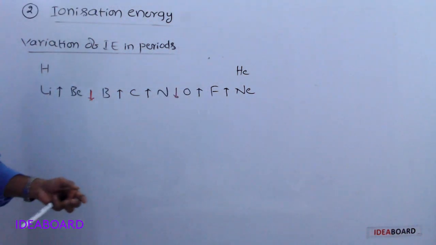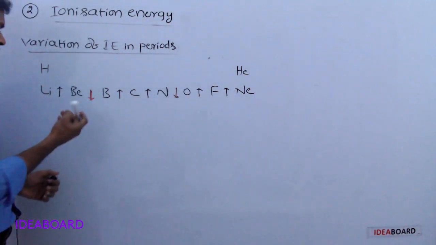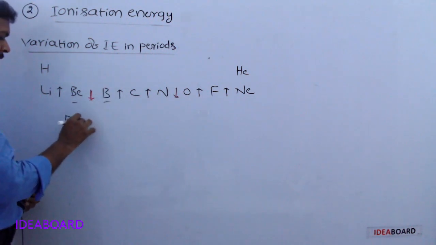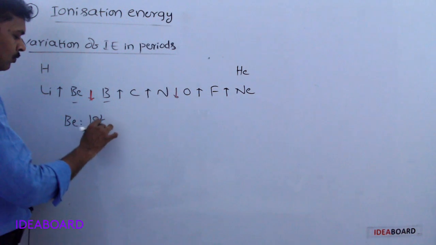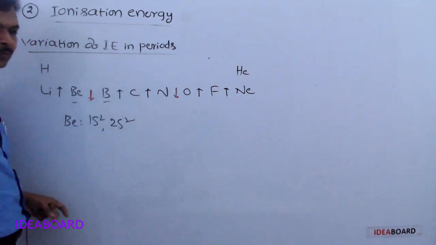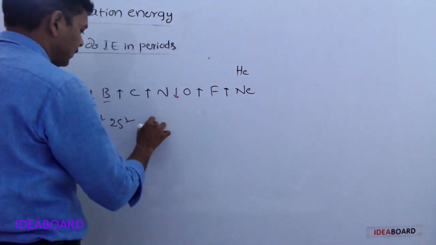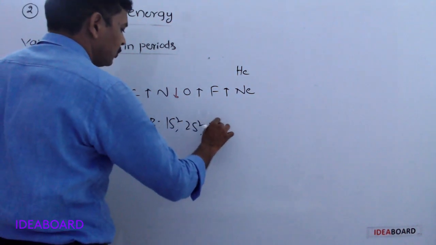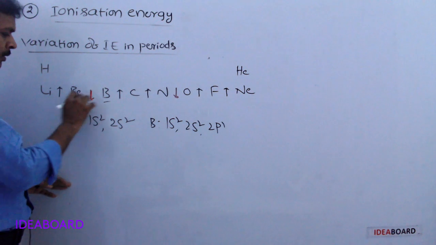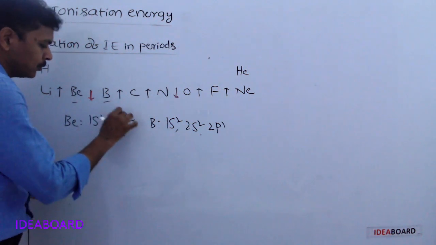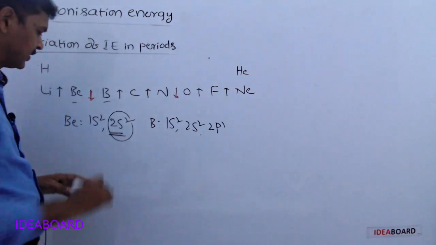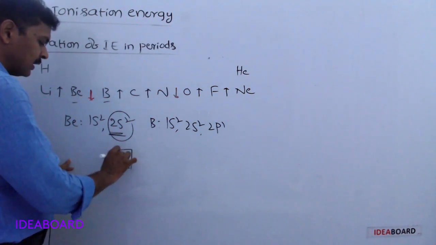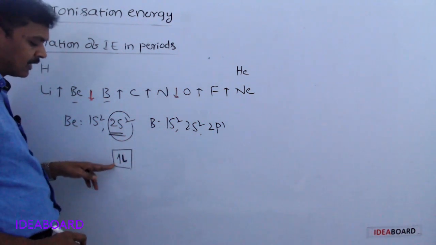We can explain the reason like this. See, beryllium to boron. For beryllium, electronic configuration is 1s2 2s2. For boron, 1s2 2s2 2p1. For beryllium, the valence orbital electronic configuration is 2s2, where the last electron is paired with another electron.